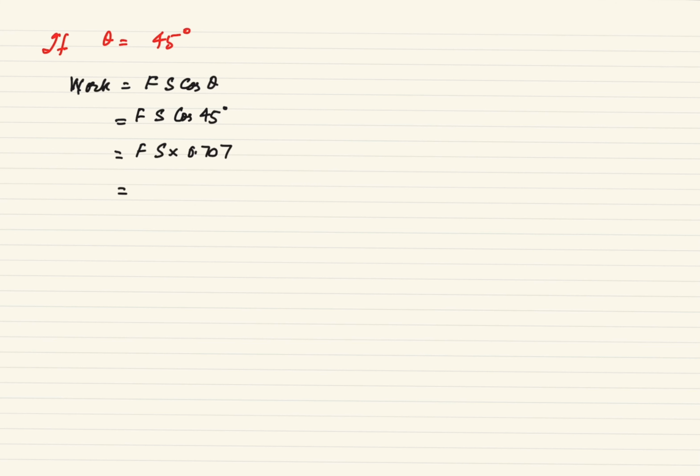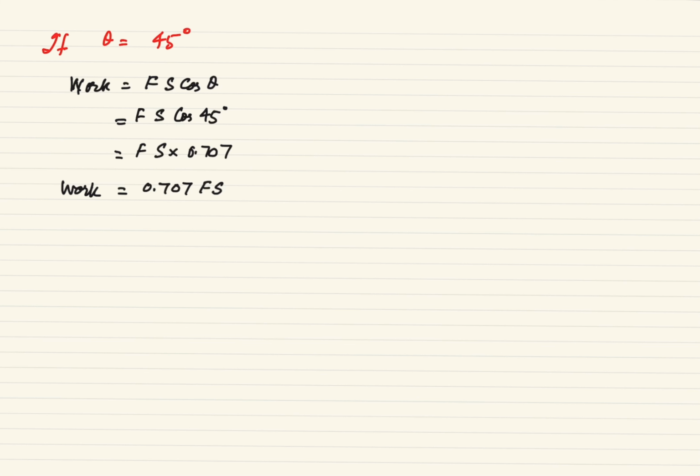So simply this time work is 0.707 Fs. And of course, whatever the values of F and S, you know that it is less than the maximum value, which is Fs.